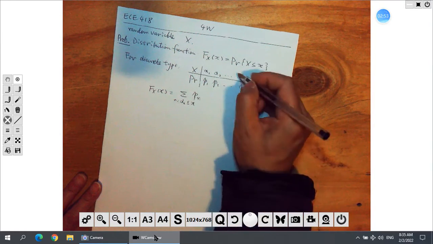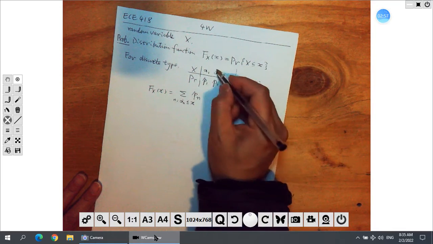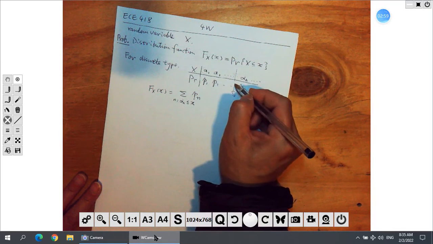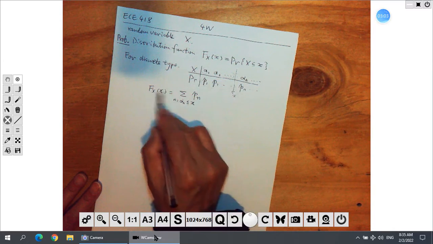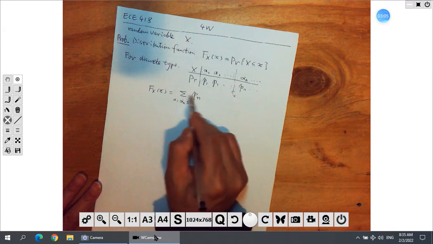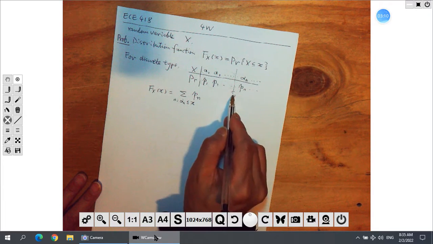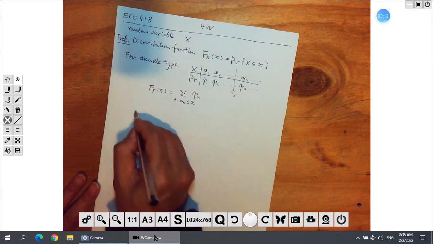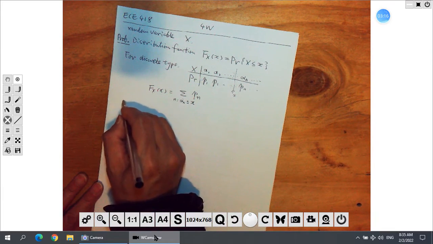For example, if all these values are smaller than x, then you add these together, and that is the value of the distribution function at this x. You can also have a graph. So this is the discrete type.